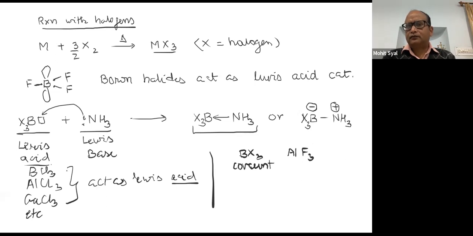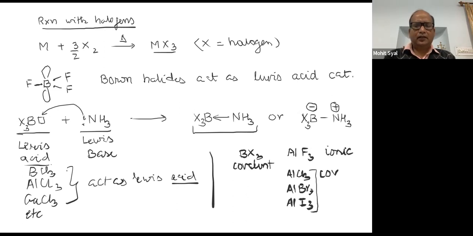These are covalent. They are covalent. Okay, right? So these are halides which have a tendency to accept electrons from any other atom or molecule, which is known as their Lewis acidic character.